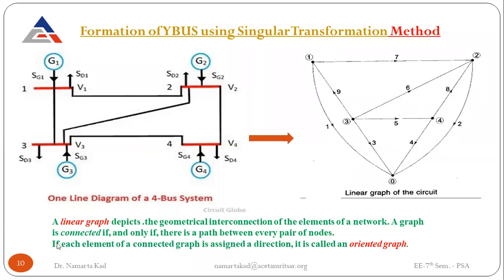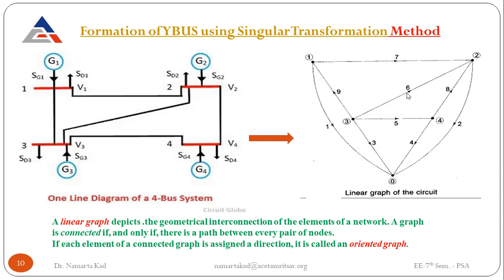If each element of a connected graph is assigned a direction, it is called an oriented graph. As you have seen in this figure, each branch is assigned some direction. Like here, there is a direction from 1 towards 0. Branch number 2 is also towards 0. The 5th branch is from 3 to 4.